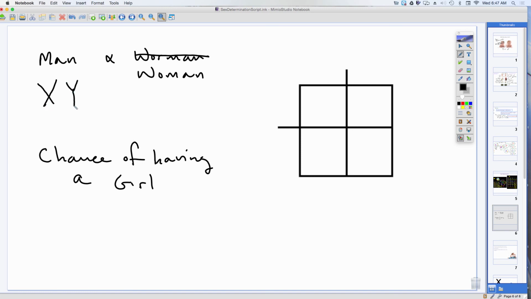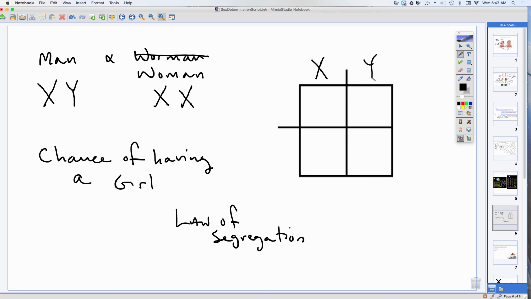Well, this type of genetic problem is about as easy as it gets. The man is XY, the woman is XX. So what we'll do is we'll use Mendel's law of segregation. What the law of segregation does is it basically says the allele pair separate during gamete development.